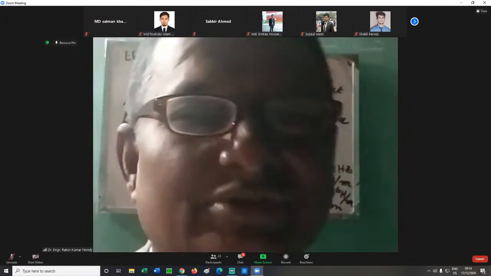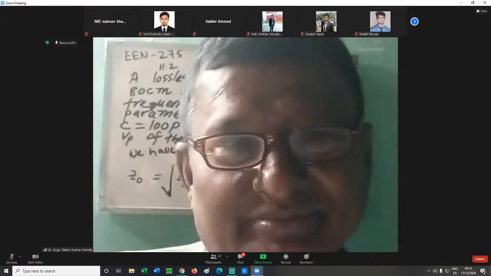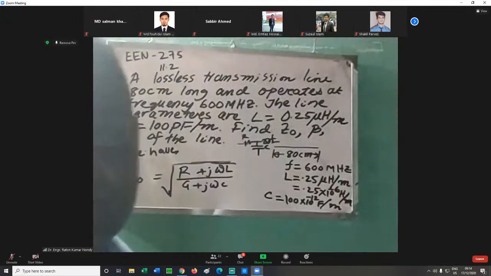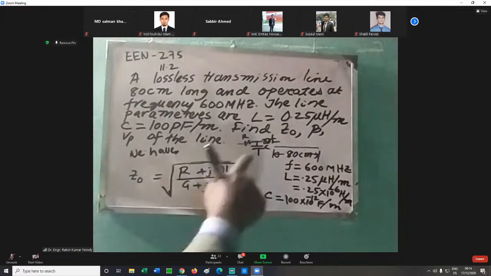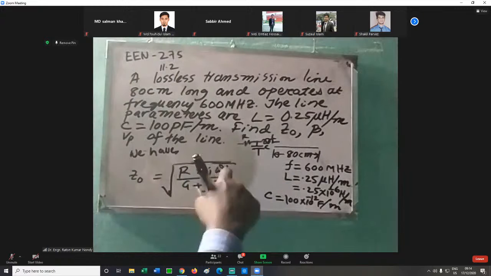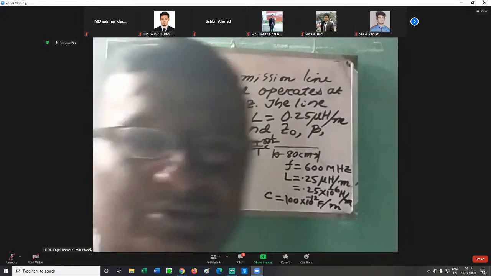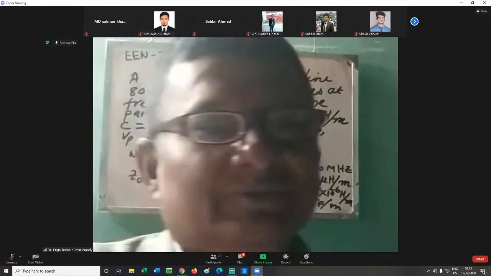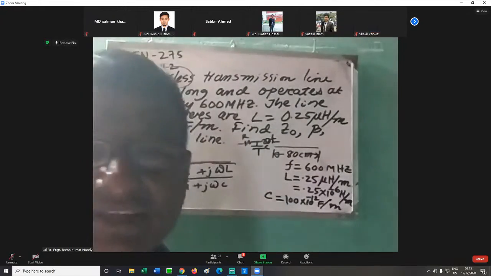How that equation is developed, I will discuss when we develop the wave equation. Now, for the time being, to do the problem, you remember R plus J omega L over G plus J omega C. But in our problem, they told us it is a lossless line.